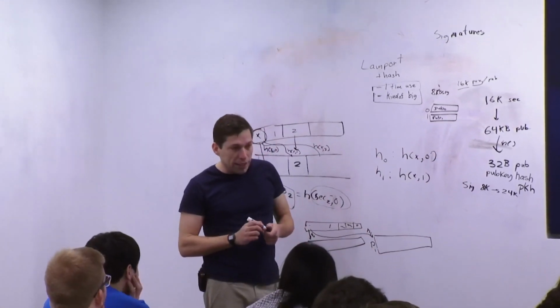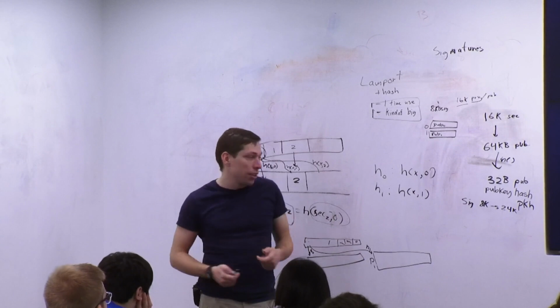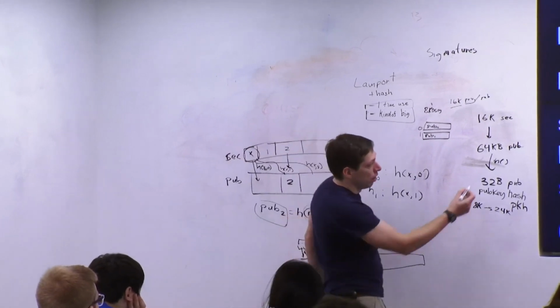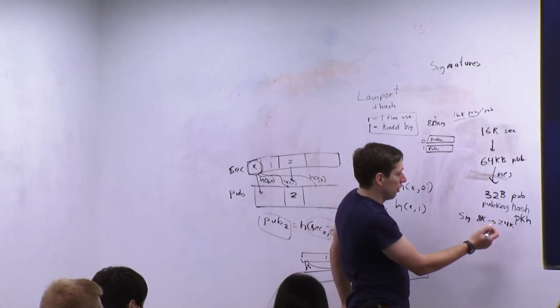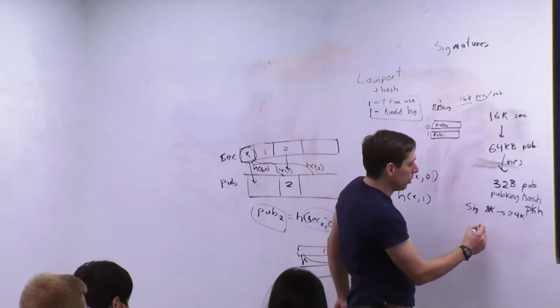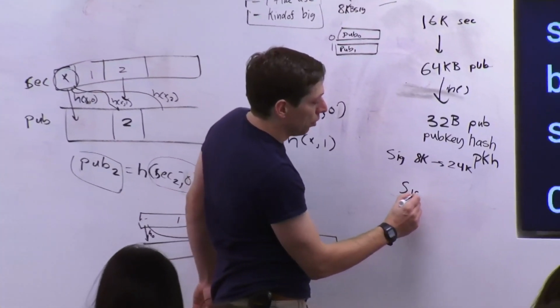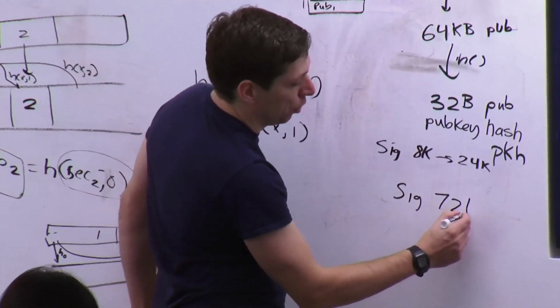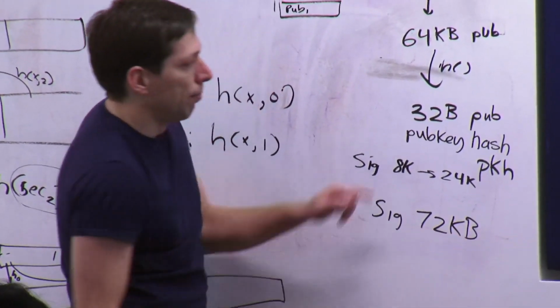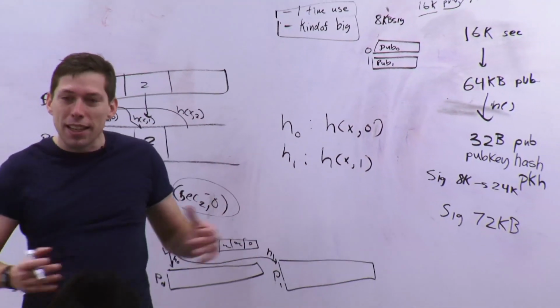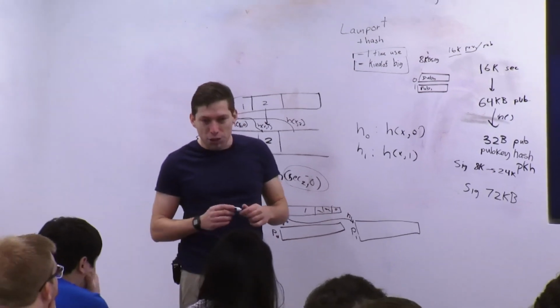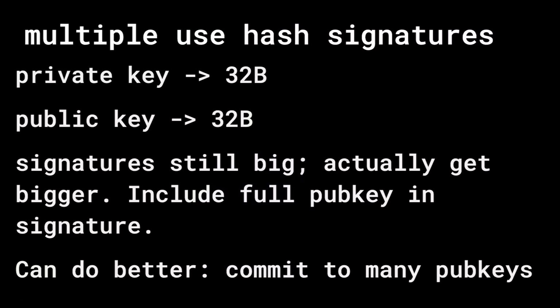However, then when I reveal and want to give you a signature, my signature is now, like, 72 kilobytes. Kind of huge. So I can add a bunch of keys, but I'm just sort of pushing the problem somewhere else, into the signature, right?